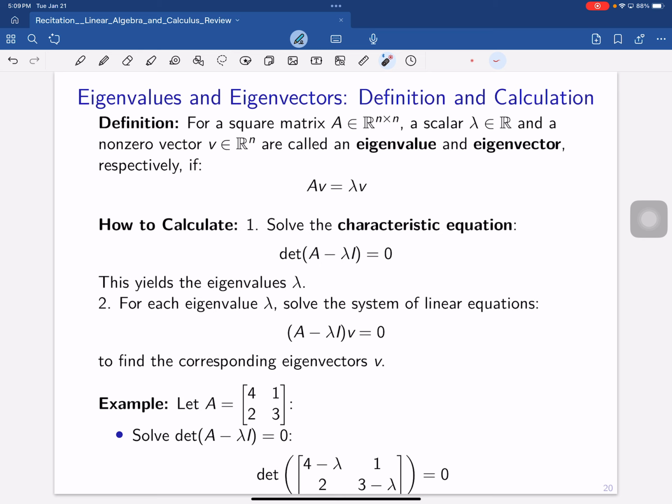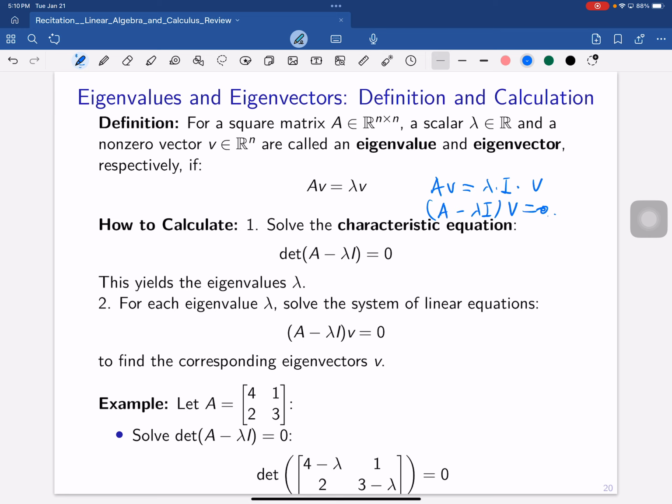And how to calculate eigenvectors? You could view this as Av equals lambda times the identity matrix times v, right? And then you move A minus lambda I to the left-hand side. If this linear system is going to have a non-zero solution, then the determinant must be 0, right?